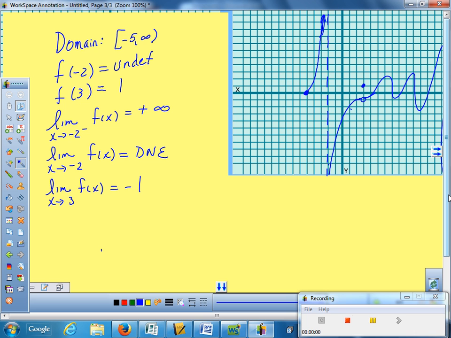Sometimes people get bugged by these problems because they're left so open. It's like, well, where should I put it? A lot of it's wherever you want to put it. You just have to meet these specific guidelines, and the rest of it you can do however you like. Yes. Because the limit from both sides had to go to negative 1, we could never connect to that point.